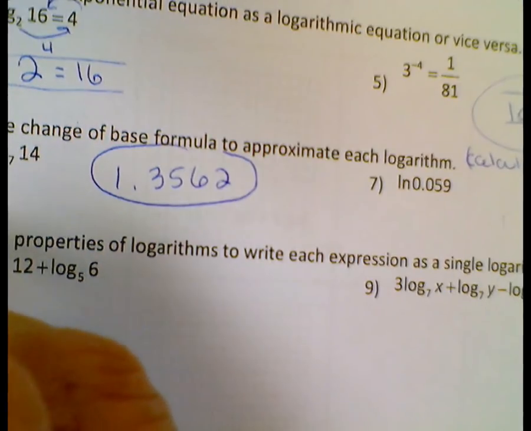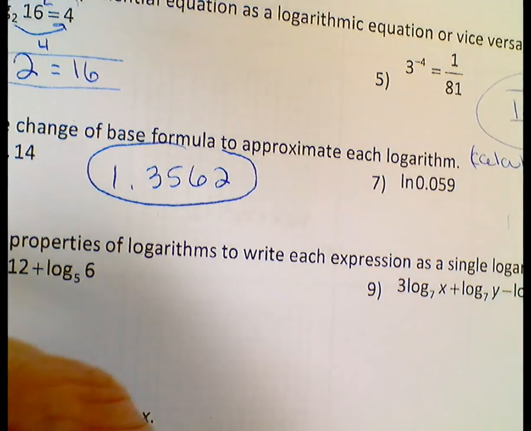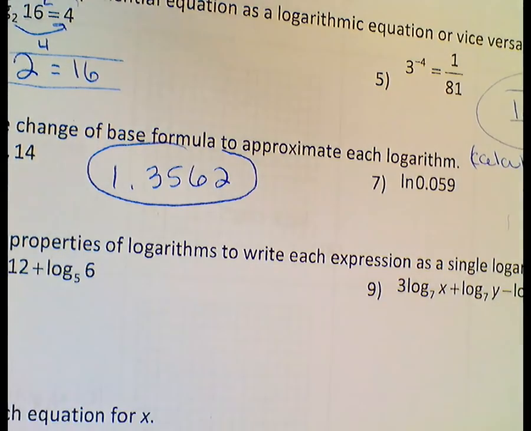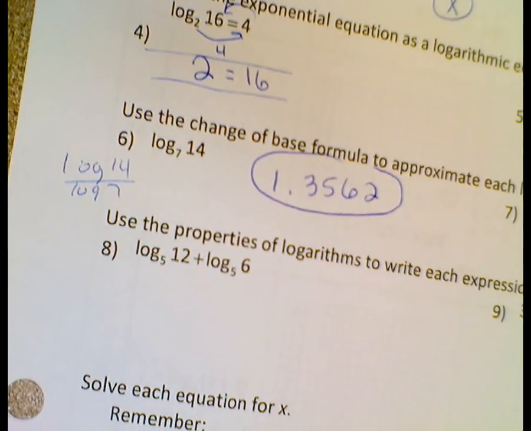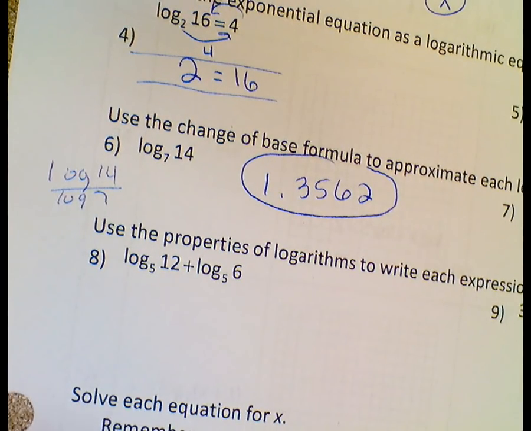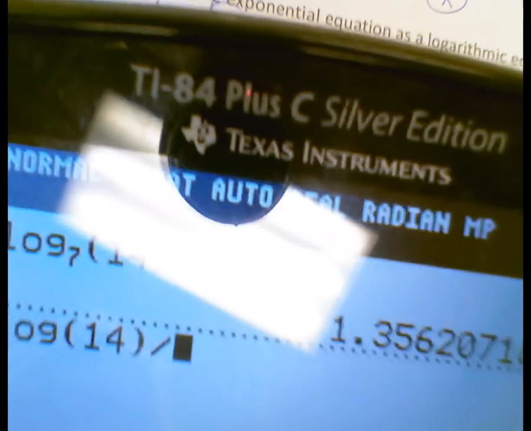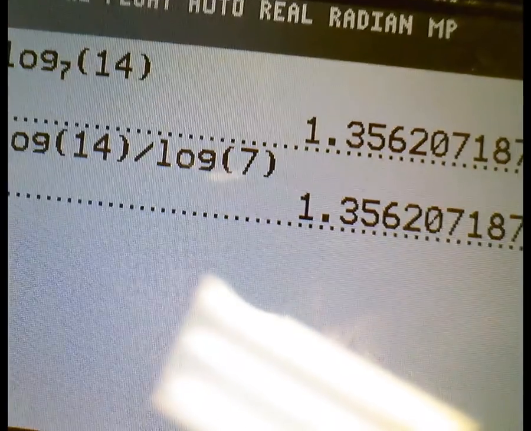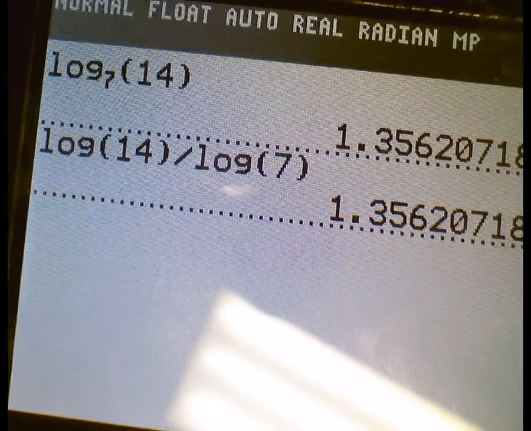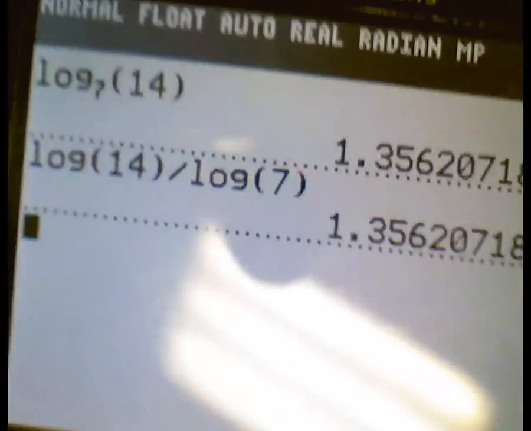You just have to press in log 14 divided by log 7. Log 14 divided by log 7 is change of base. That's the second way of doing the same thing. Same answer. You can go alpha window 5 or you can do change of base.